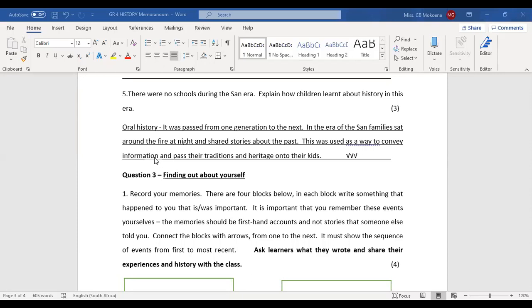So how do you think they were also learning during that time? That's what I want you guys to answer me. Since there were no schools, how do you think they were learning their history? So many hands are still up. I'm gonna start with Minentle.